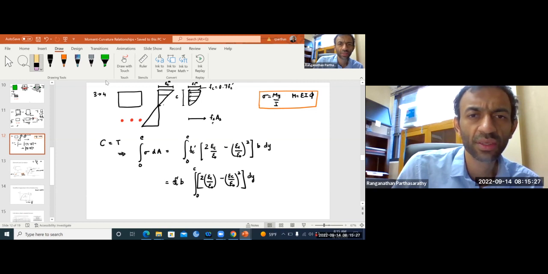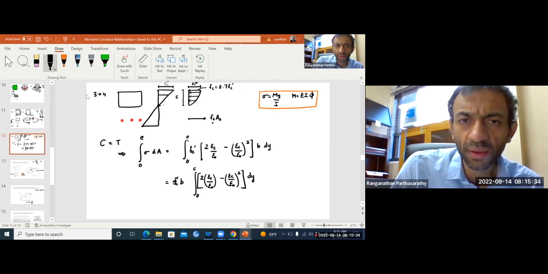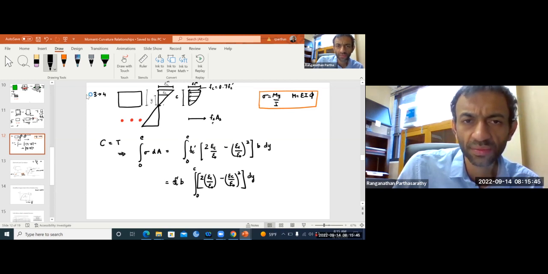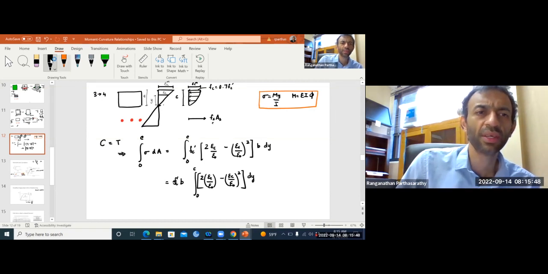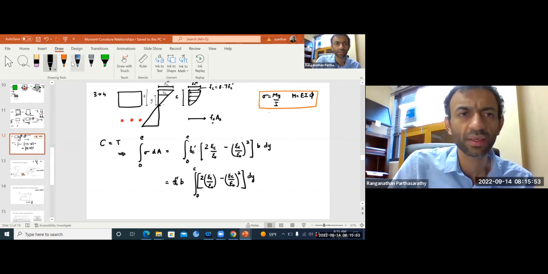This is epsilon cm and this is epsilon c, and this is at any depth y, and this is at a depth c, neutral axis depth. So from similar triangles, what can we write here? We can say epsilon cm by c should be epsilon c by y.